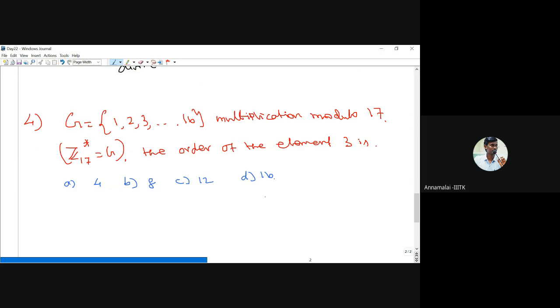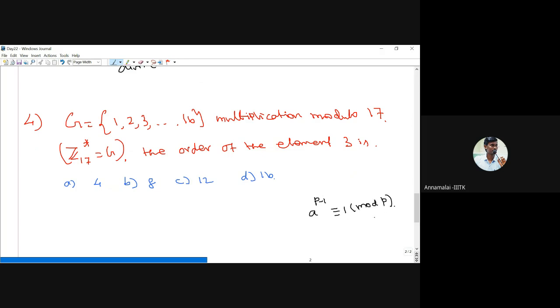Then what is the answer? Now, 3 power something should be identity. So what is that? 16. Since we know that in number theory you study Euler Fermat's theorem. What does Fermat's theorem say? A power p minus 1 is congruent to 1 modulo p.